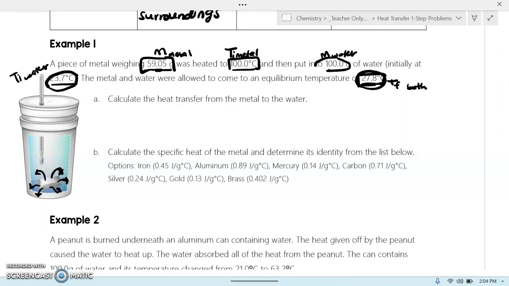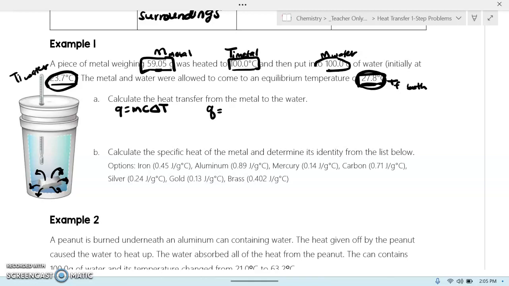So when we do our equation Q equals MCΔT, we're going to use only the values that talk about the same focus, whether it's the water or the metal. So let's start by writing our equation, Q equals MCΔT, and we are finding the heat. So calculate the heat transfer, that's going to be Q.